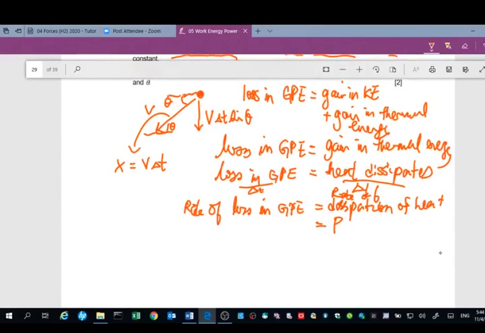The rate of loss in GPE is therefore mg times the height, v delta t sine theta, divided by delta t. As you can see, the delta t can cancel away. So P can be expressed as mgv sine theta.